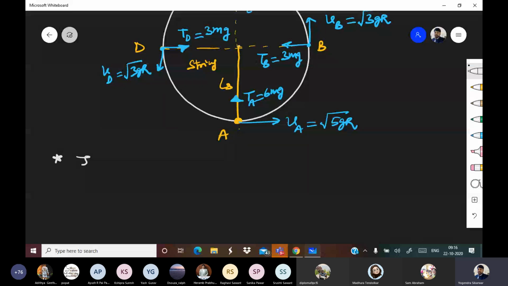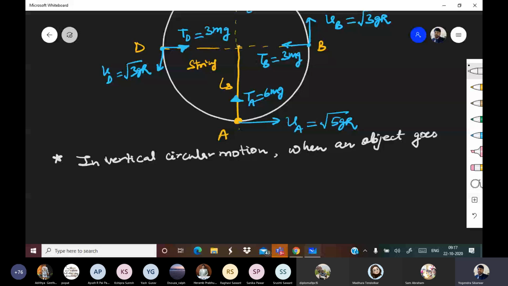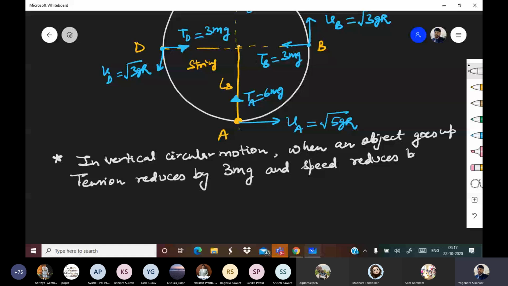In vertical circular motion, when an object goes up, tension reduces by 3 mg and speed reduces by 2 GR within the root.